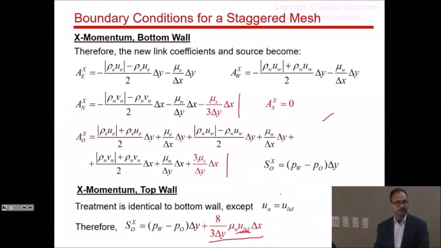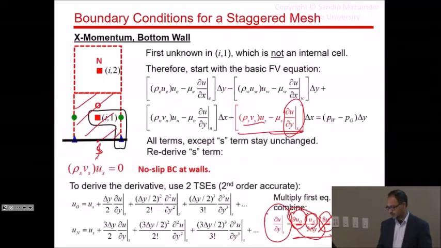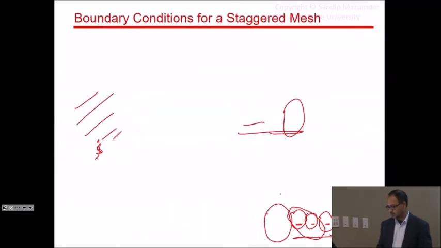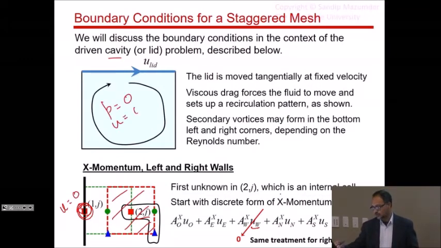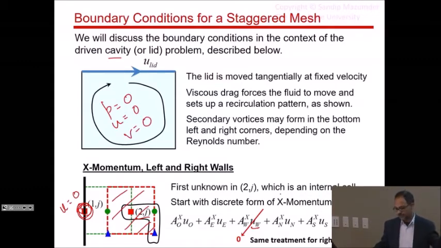Okay? Now, I just want to point out here that suppose you want to solve this driven cavity problem, and you start with P equal to 0 everywhere as your initial guess, U equal to 0, V equal to 0 as your initial guesses. Like I said, that's a reasonable guess. Now, P, of course, remember, this is gauge pressure.